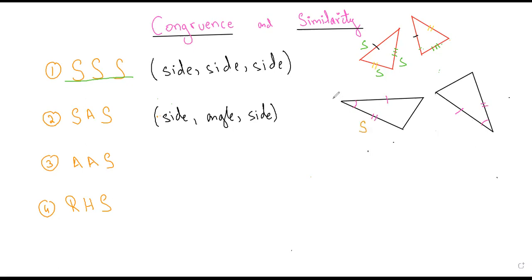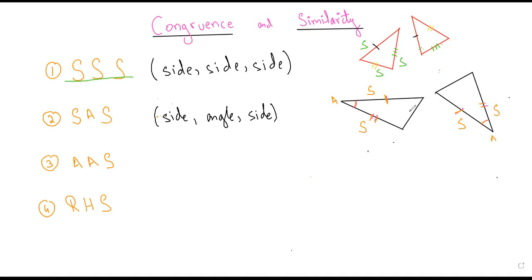Side, angle, side. Again, side, angle, and side. Now, what is the thing? If two sides of one triangle are of the same length as two sides of another, so let's say this side and this side, and then this side and this side, and then the angle between these two sides is also the same, this means that these two triangles are congruent.